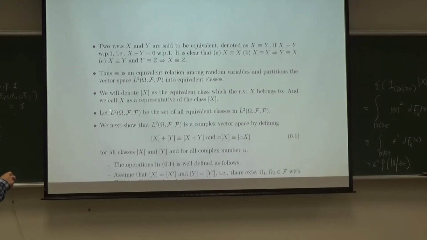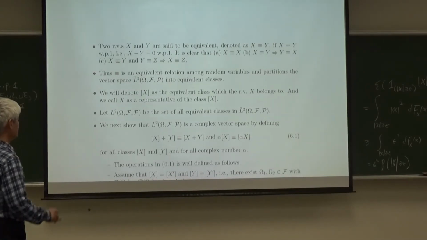Now we will consider the relative space, and in many situations we will not use the bracket form. We just take one representative X of the class. In context we usually meet the square bracket here. But in theory, if you want to have a careful discussion, it is recommended to use the bracket notation to indicate that this is indeed an equivalence class of random variables.